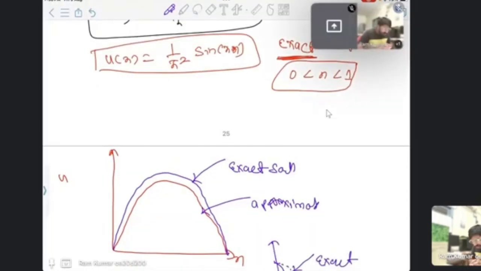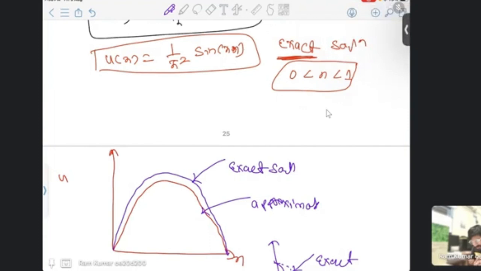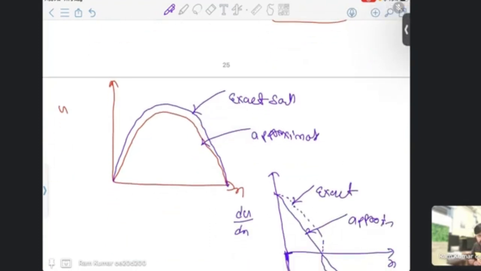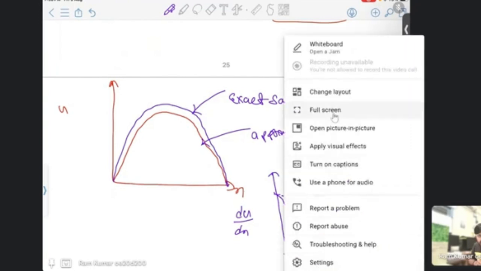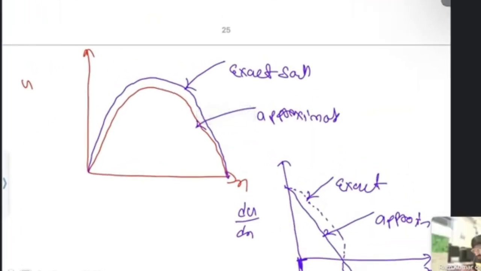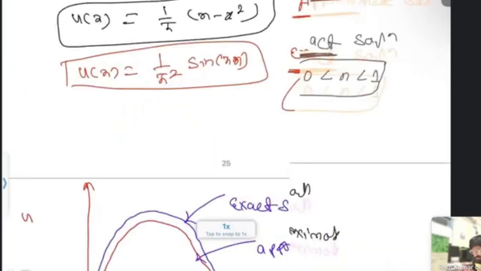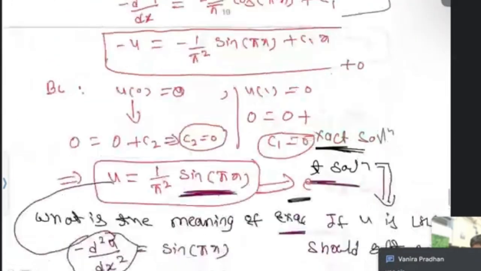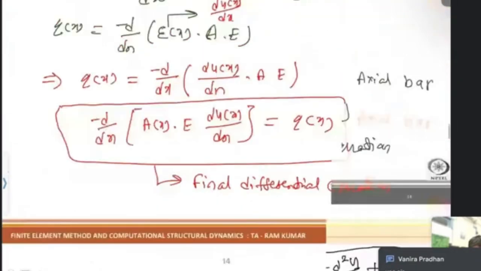As I told, this will be our exact and this will be our approximate solution. Okay, now you got something, right? By doing this much derivation, this is what I wanted to tell you. Then we will solve one problem.